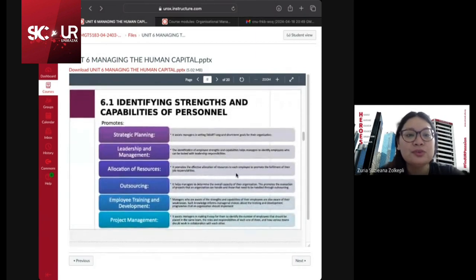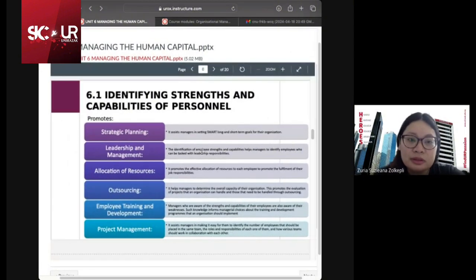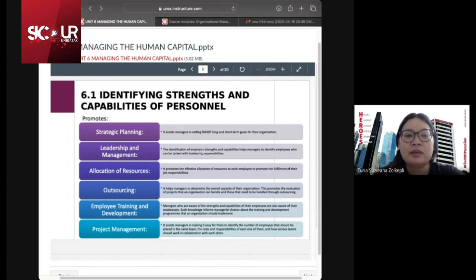The first one is to identify the strengths and capabilities of personnel. The importance of this is, first of all, strategic planning. If you are familiar with SMART long-term goals, identifying the strengths and capabilities of personnel can assist managers in setting these goals.